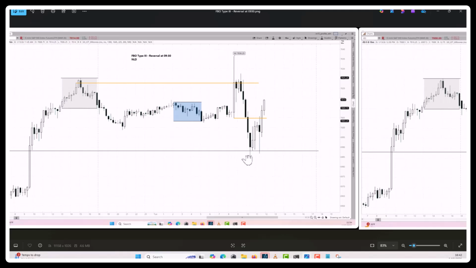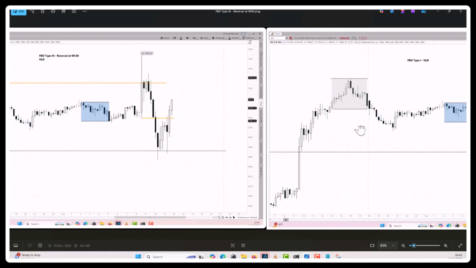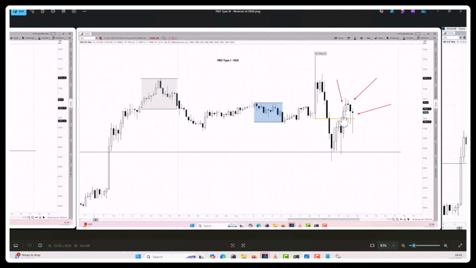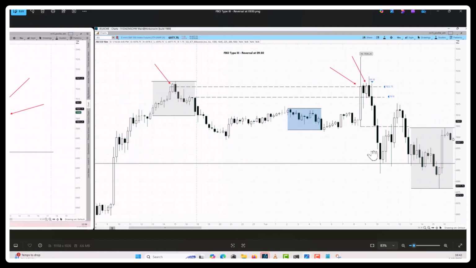It hit that target, and it made a retracement and don't go long right here. That's where it made the neck leg down right here. It created a 4 breakout neck leg down type 1 right there, and that's exactly what happened. All right, that's beautiful for Tuesday.